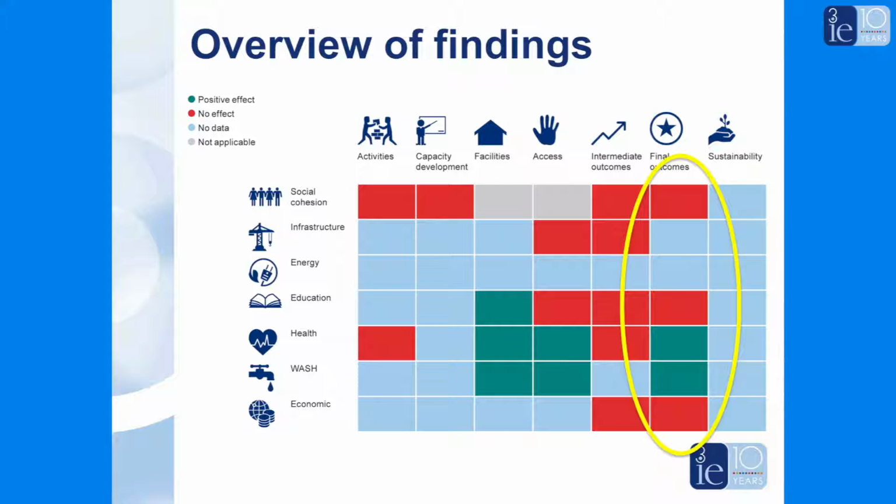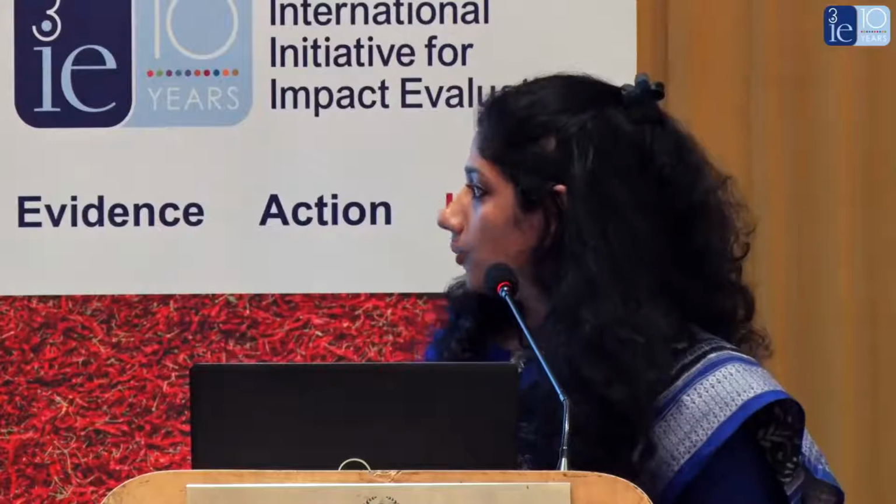So you see the red boxes across education, so you see that CDD doesn't really improve access, intermediate, or final outcomes in education, but one can't expect it to, because if all it did was rehabilitate schools and the focus was on public infrastructure without any other complementary inputs, and we know from our own systematic review in education that if the complementary inputs don't address the fundamental barriers to education, you can't expect it to improve enrollment, attendance, or learning outcomes.